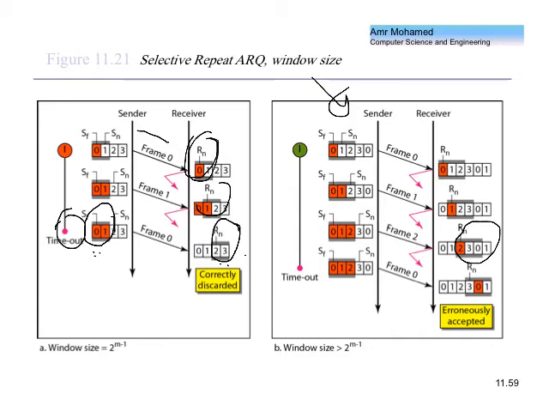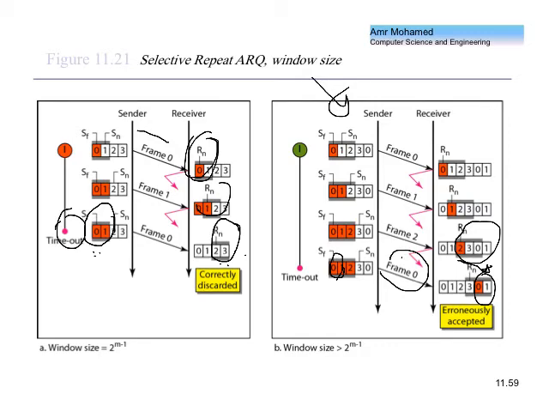So when I try to send frame 0 again, this will erroneously be accepted. But remember that frame 0 here is this one, whereas I have put it by mistake here. And remember that those two frames are different. They have the same index, but the content is different.